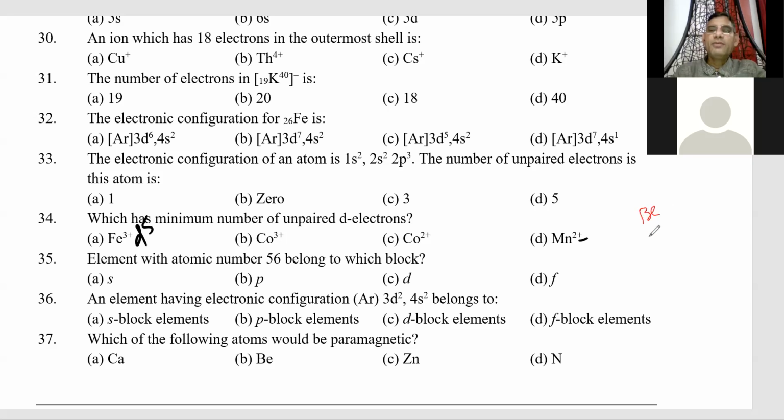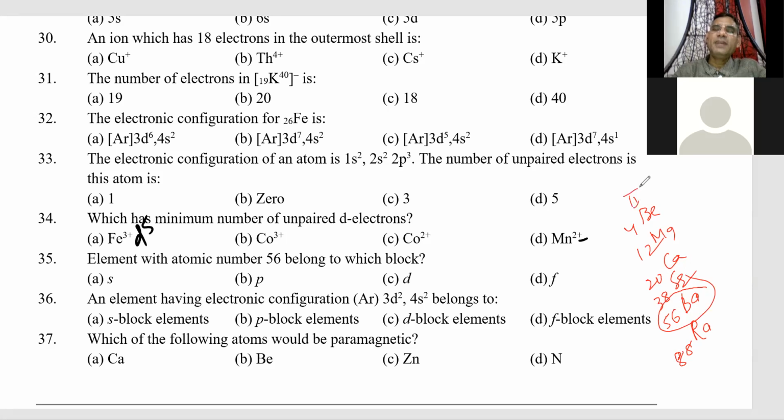B block. Beryllium, magnesium, calcium, strontium, barium, radium. D block, sir. C. 4 plus 8, 12 plus 8, 20. 20 plus 18 will be 38. 38 plus 18 will be 56. 56 plus 32 will be 88. So this is barium, right?